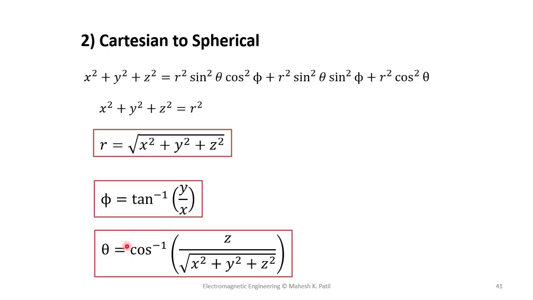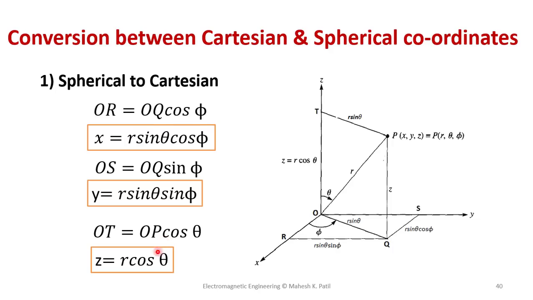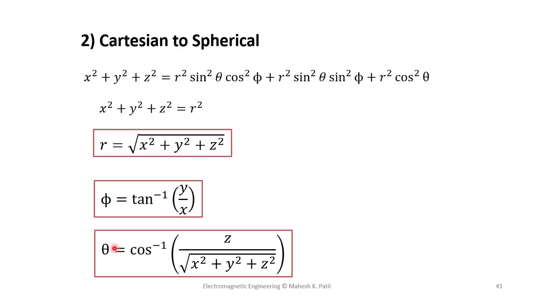Similarly, if you refer to the z equation, you can see here z is equal to r cos theta. So theta will be cos inverse of z upon r, and we know that r is equal to square root of x square plus y square plus z square.